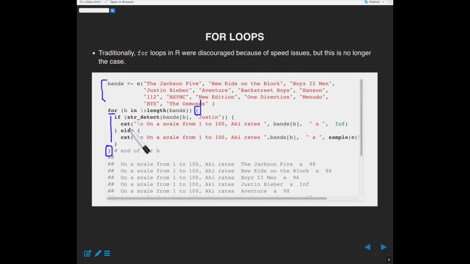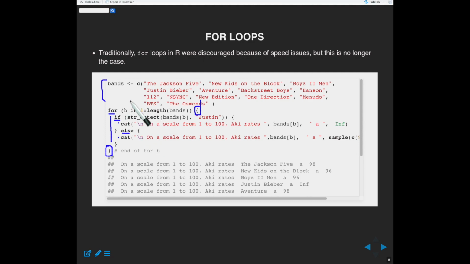Okay, so in this case, if you detect in the bth element of bands the word Justin, it executes this statement. Otherwise, it executes this statement. So this is an if else statement, which we saw last class, right? So now we're making a conditional. If the boy band has the string Justin in it, it will do one thing. If it doesn't, it does something else.